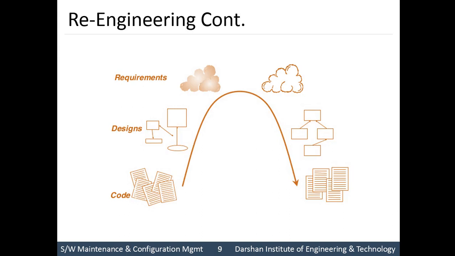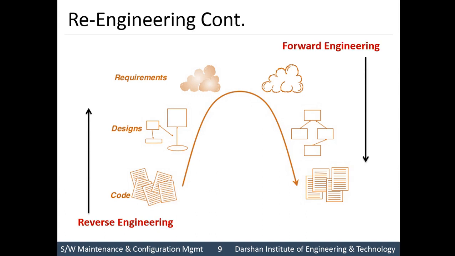This diagram shows the re-engineering process. Here on the left side we have reverse engineering, and on the right side we have forward engineering. In reverse engineering, the process studies the code of the old software.